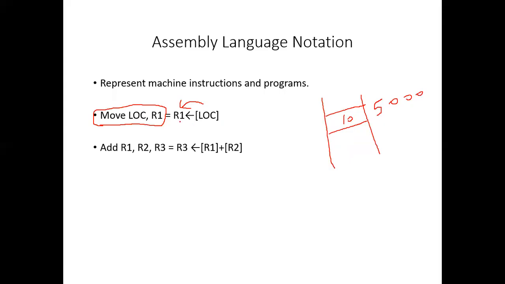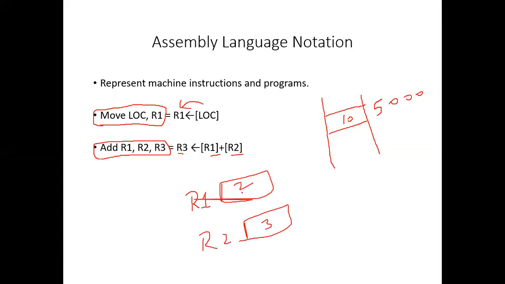Whereas this statement, add R1, R2, R3, means add the contents of R1 and R2 and store the result in R3. R1 and R2 are symbolic names, but these refer to the registers. So if R1 contains 2 and R2 contains 3, it will add 2 plus 3, and that result will be stored in R3.